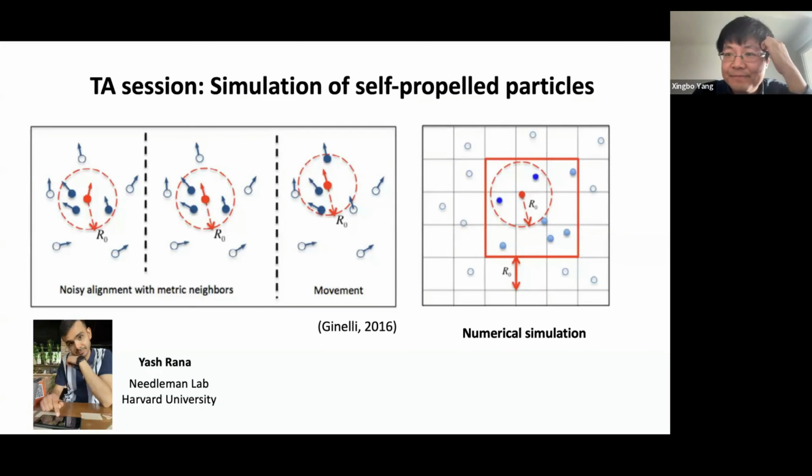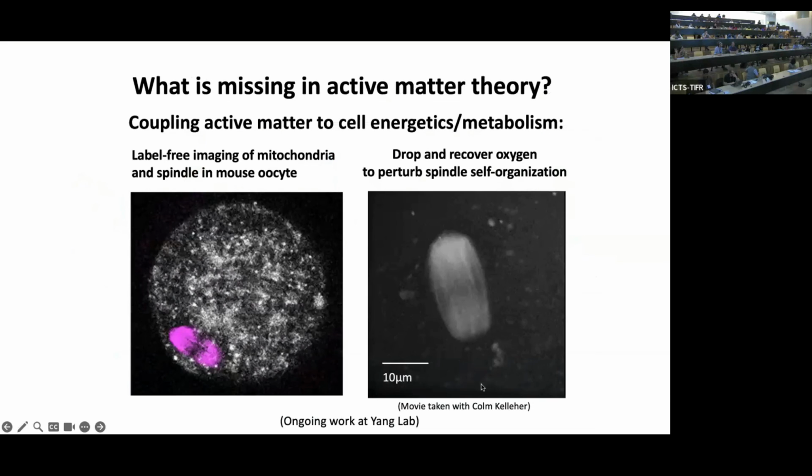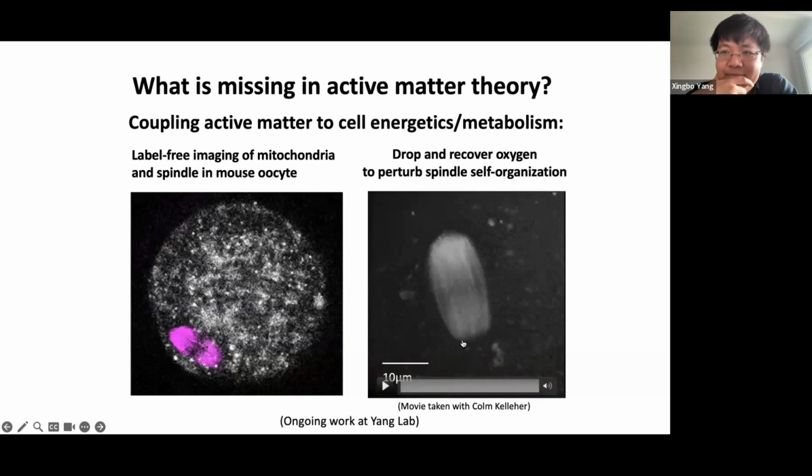Thanks. There's one question here from Surit. Hi, Xingbo. So the spindle, you said, I didn't quite catch what's happening in that movie, the spindle oxygen drop. Are you saying that it's disassembling? Yeah, it's a mystery, right?